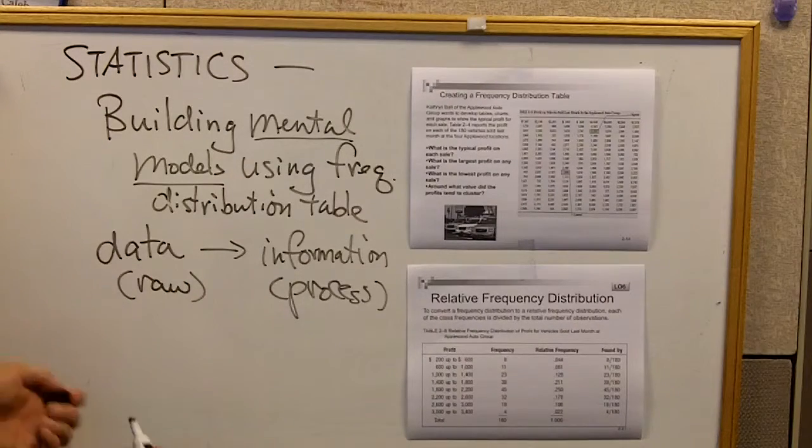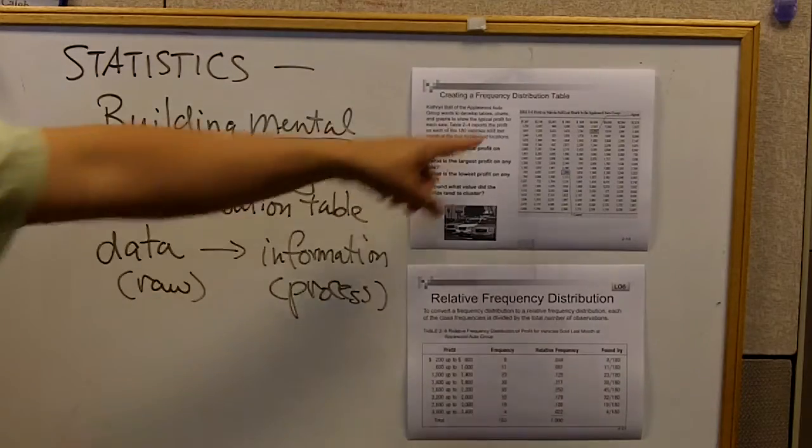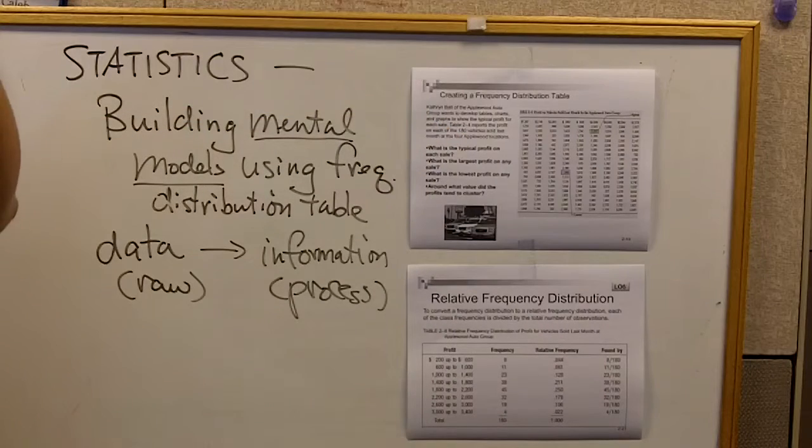The example that we have right here is that the auto group wants to develop some tools so that they can look at the typical profit for each sale. The data presented here is the profit on vehicles sold last month by the Applewood auto group.